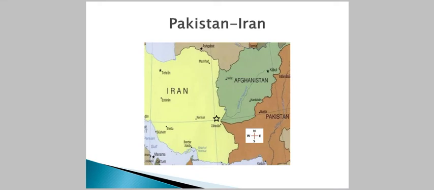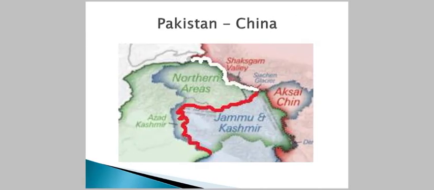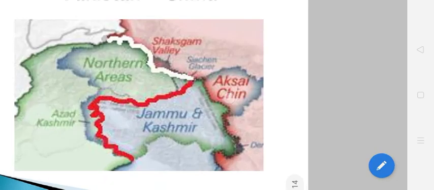After the southern area of Pakistan, we come to the extreme north or northeast of Pakistan, where the Pakistan border is with China, and this border, this white line, is almost 523 kilometers long.